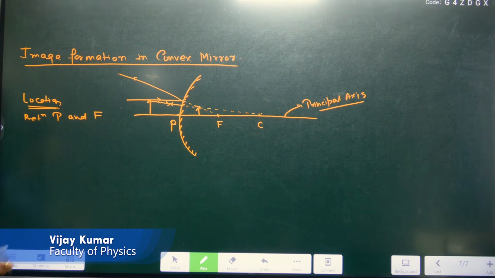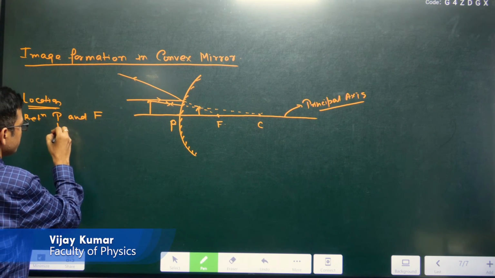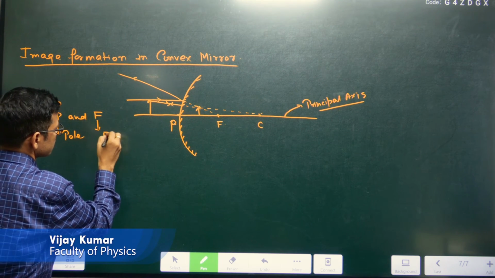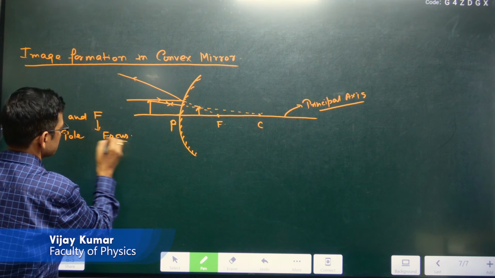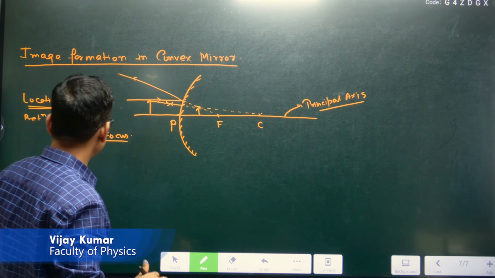P is your pole and F is the focus. And what is the nature of the image?